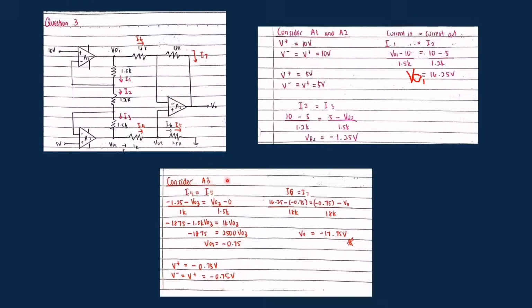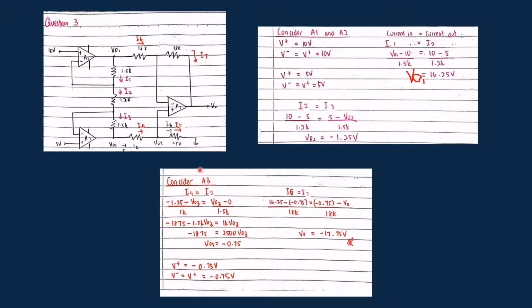At A3, I must find the voltage at the operational amplifier. To find the V plus here, I need to find the VO3 here. So I use the current in and current out because I don't know the voltage supply here, which is I4 equals I5.